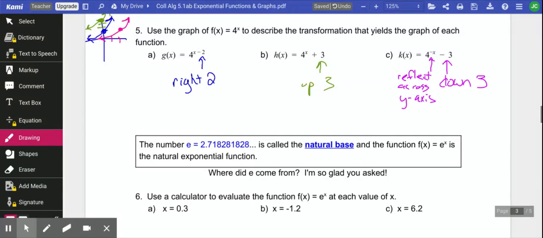Reflecting across the y-axis will make it exponential decay, and then we're going to drop it down 3, so it looks like this. Okay, so all of our basic transformations that we already know about, for any of our parent function graphs, work for the exponential ones.